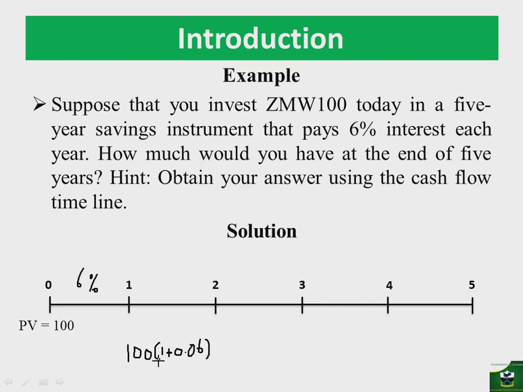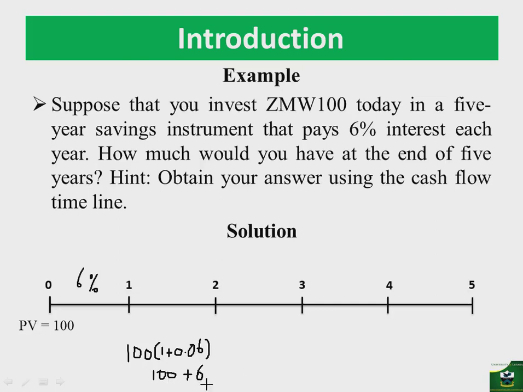Now, you may be wondering why 1 plus 0.06. So what is happening here is that if I multiply 100 times 1, it will give me the initial investment that I have made. And then if I multiply 100 times 0.06, it will give me the interest that I will earn at the end of period 1, which is simply 6.